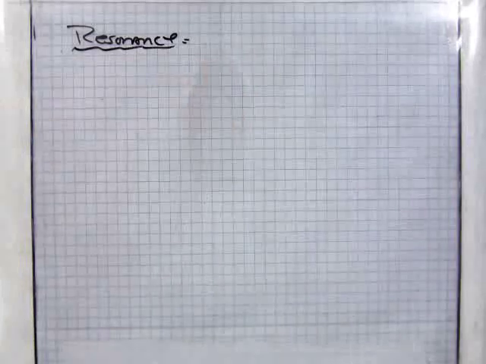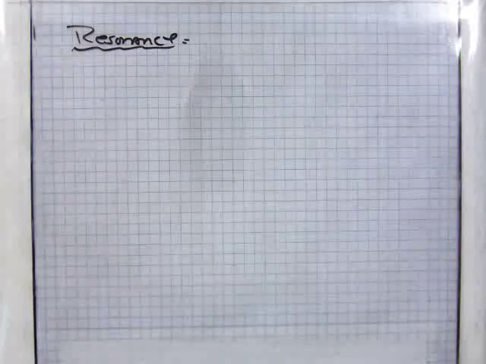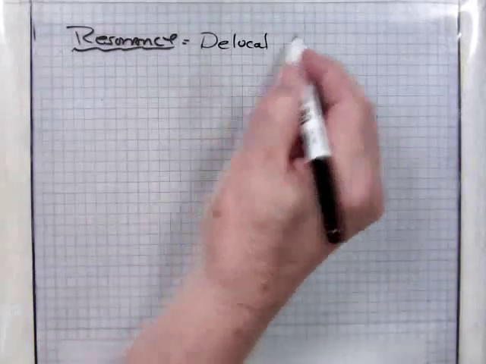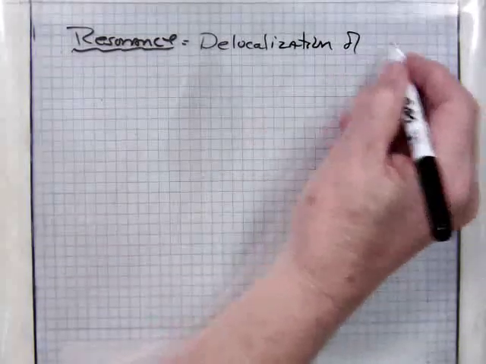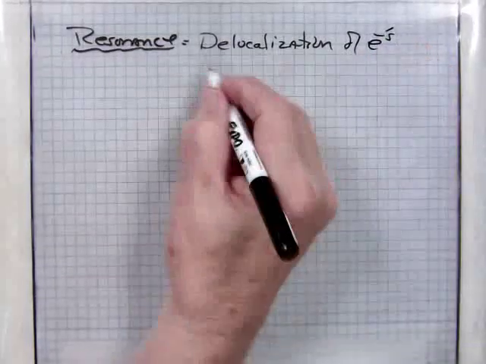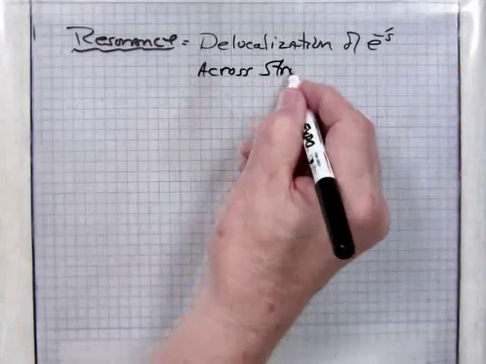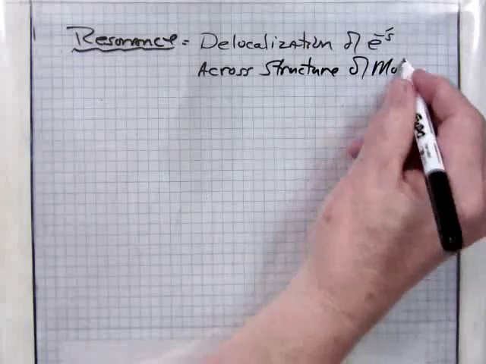Resonance is kind of self-descriptive, let me make this a larger screen, in that it is a delocalization of electrons across the structure of the molecule.